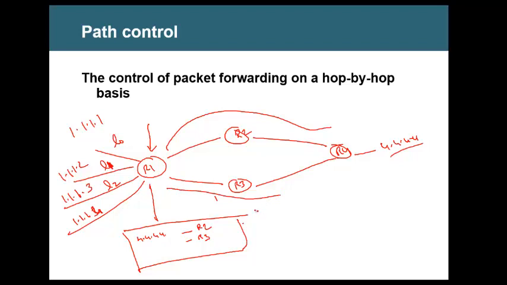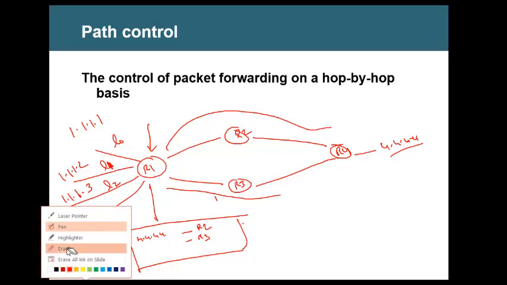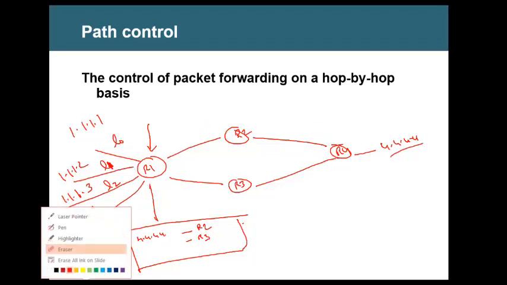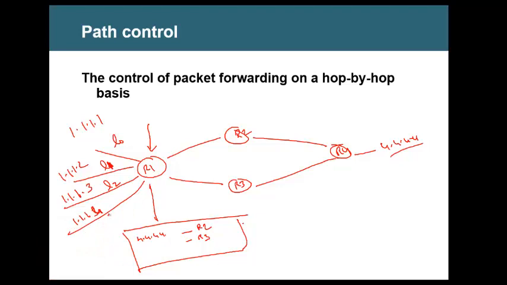Have you noticed it? And I used to wonder, what is this? Load balancing means equal cost load balancing, which means I should see both the paths used. But when I trace route, I always see the same path.